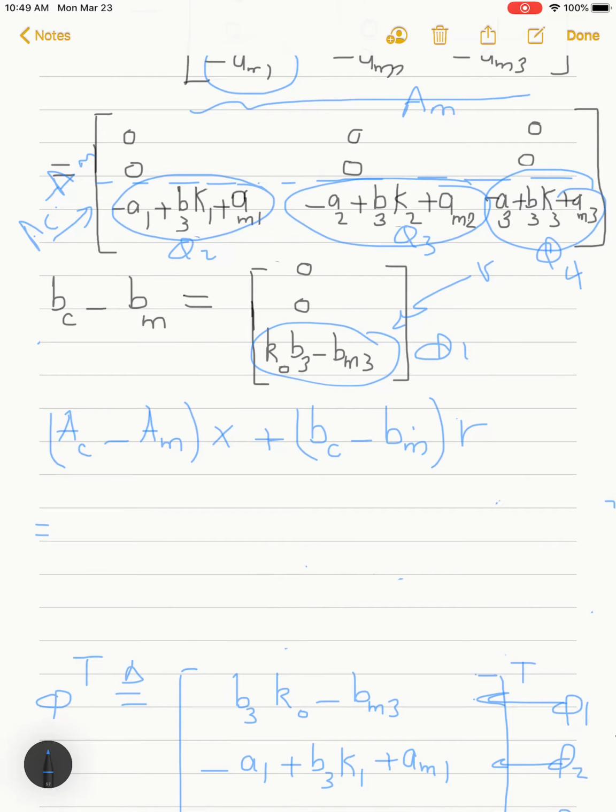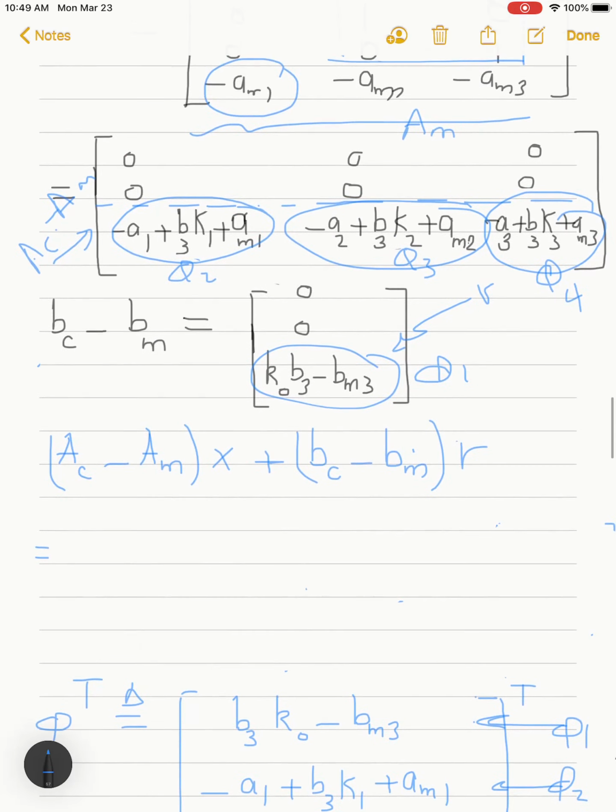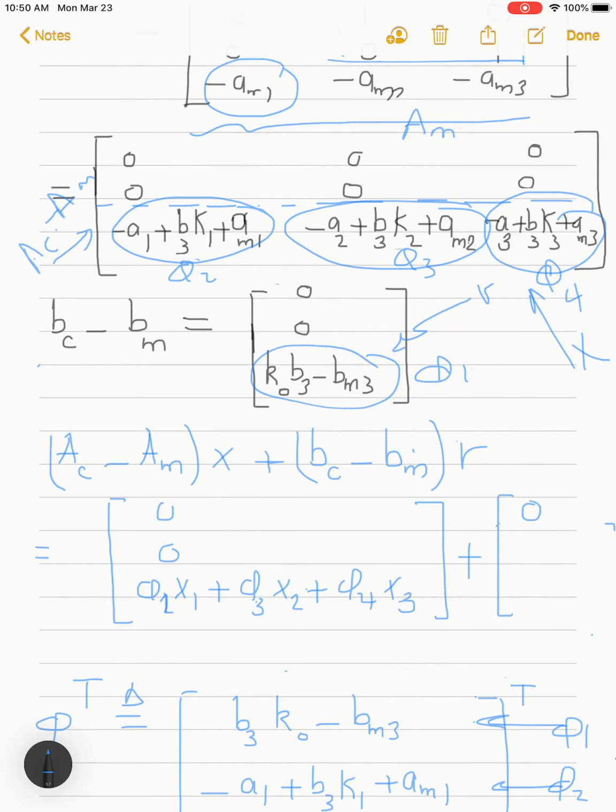So the result of the multiplication of this matrix by x would be 0 in the first and second rows, and then I will have phi 2 times x1 plus phi 3 times x2 plus phi 4 times x3, plus 2 zeros here. I'll multiply this vector by r, and I'll have here phi 1 times r.